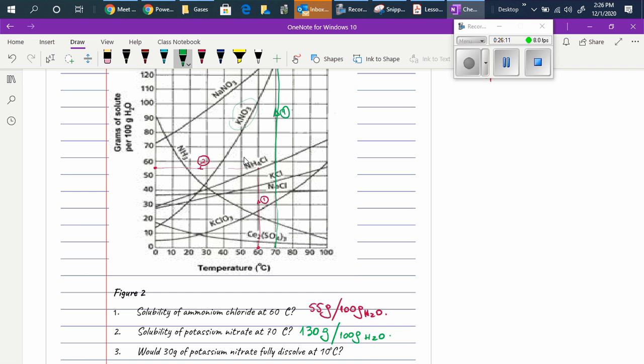And now, would 30 grams of potassium nitrate fully dissolve at 10 degrees Celsius? Okay, so now let's see. Potassium nitrate is KNO3. Now we will go to the 30 grams.